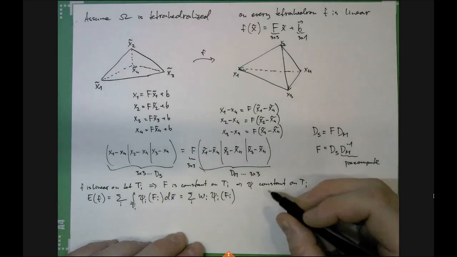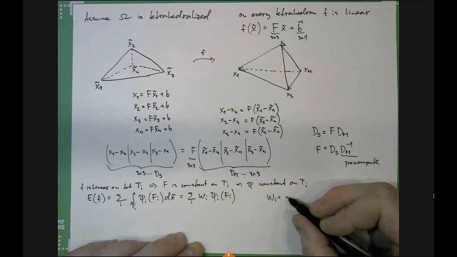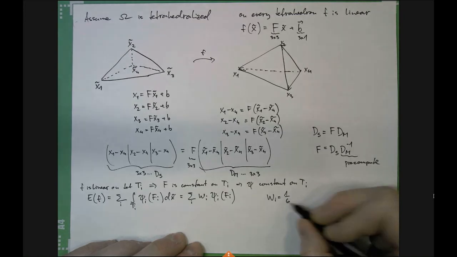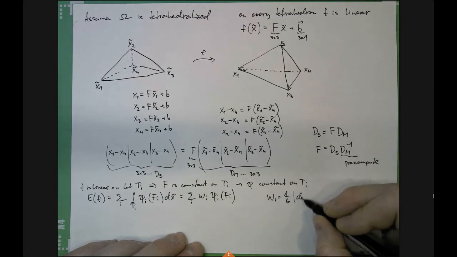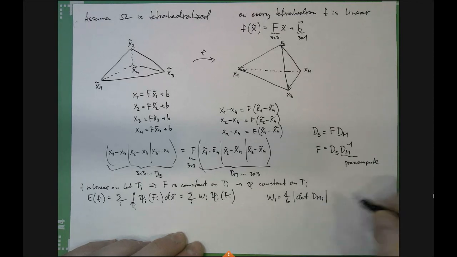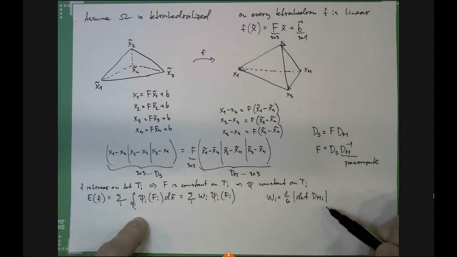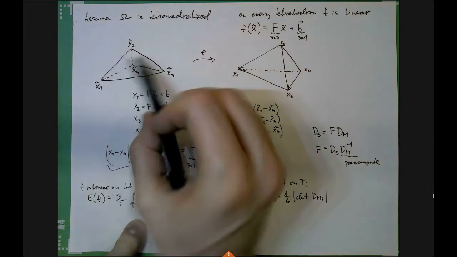And what is the Wi? The Wi is the volume of the tetrahedron, which I can nicely write like this: the absolute value of the determinant of this Dm matrix for tetrahedron number i. That's just a formula for the volume of the tetrahedron, right?